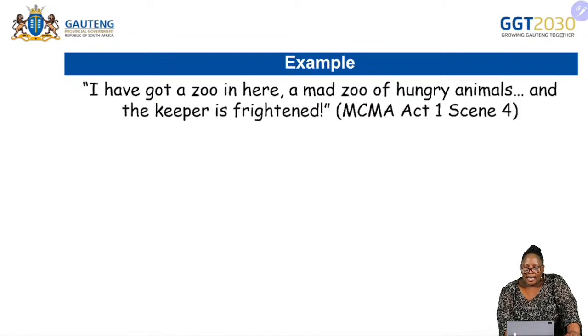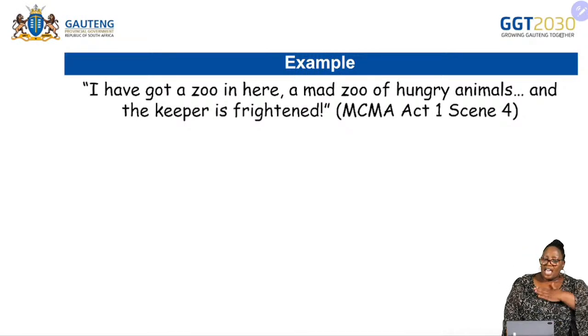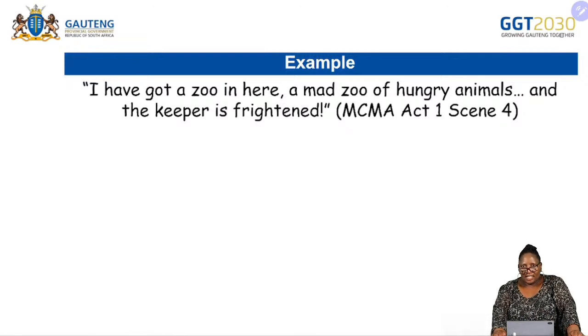Let's look at the second set of a figure of speech of comparison. I have got a zoo in here, a mad zoo of hungry animals, and the keeper is frightened. Where do we find this? In My Children, My Africa, Act 1, Scene 4.